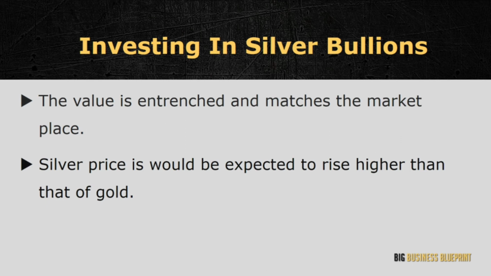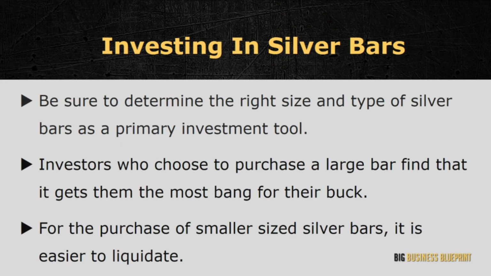Meanwhile, buying silver bars has also been proven to be an excellent tactic in preserving long-term wealth. As an investor, you should firstly be sure to determine the right size and type of silver bars used as a primary investment tool. Silver bars come in various sizes and weights, while most bars sell in troy ounces in increments of 1 ounce, 5 ounce, 10 ounce, 1 kilogram, 100 ounce, and 1,000 ounce bars.